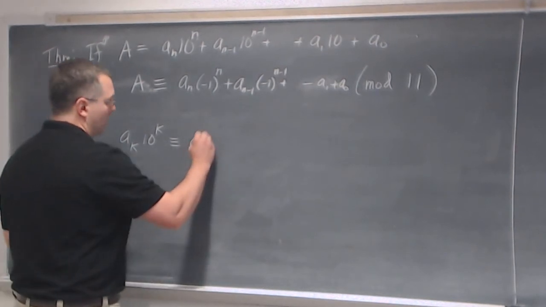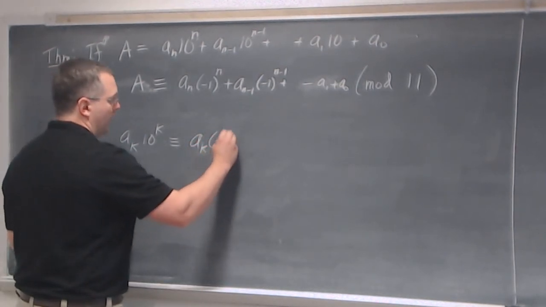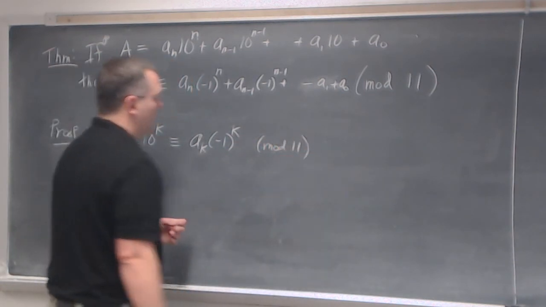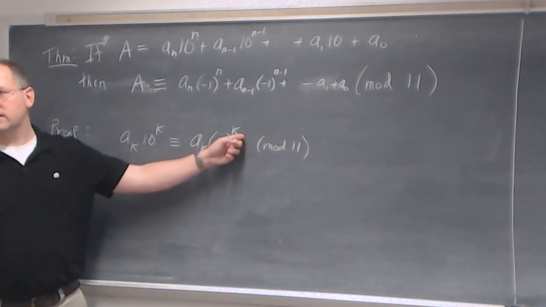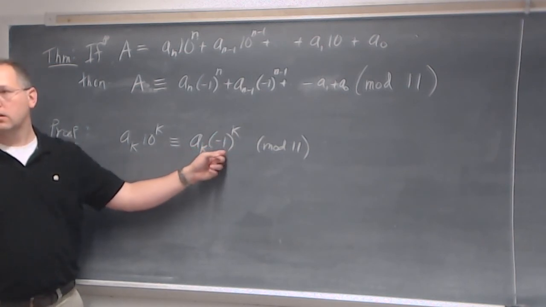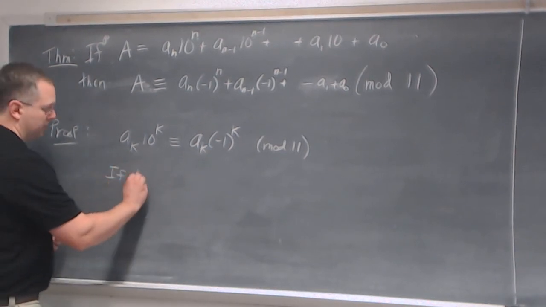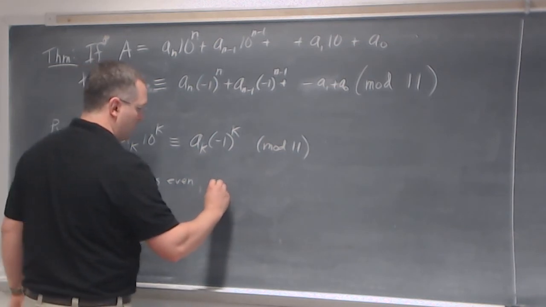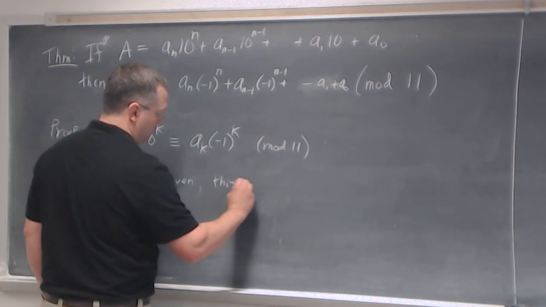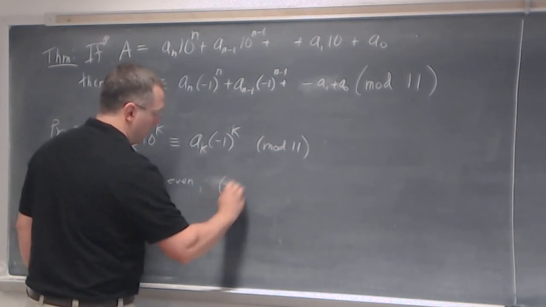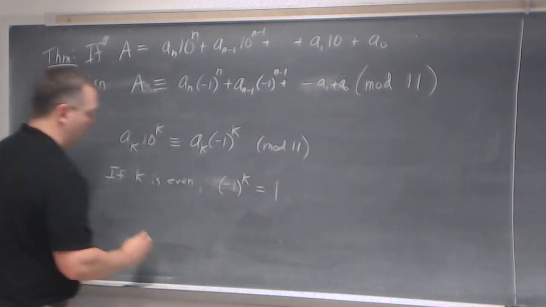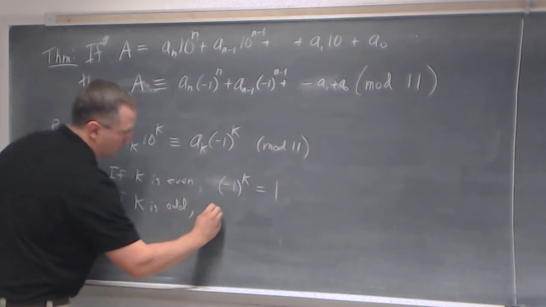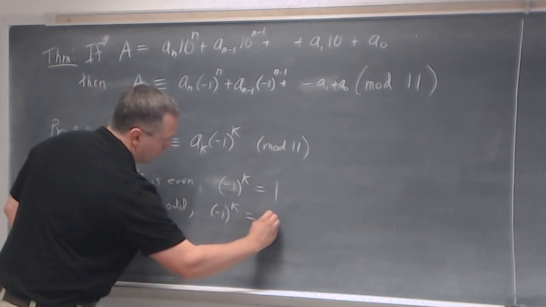So the proof is, you take any one of these terms, a sub k times 10 to the k, and this will equal a sub k times negative 1 to the k mod 11. It depends on whether k is even or odd. If k is even, negative 1 to the k equals 1, and if k is odd, negative 1 to the k is congruent to negative 1.